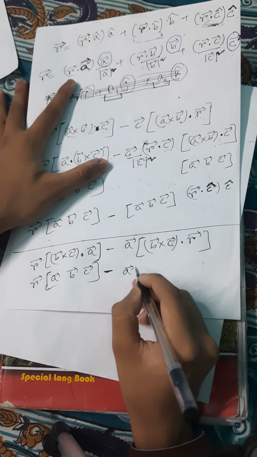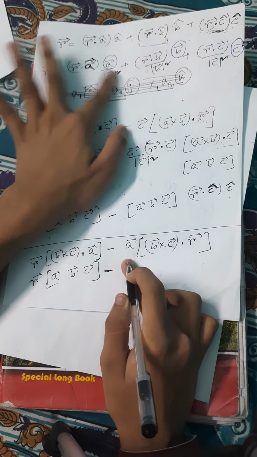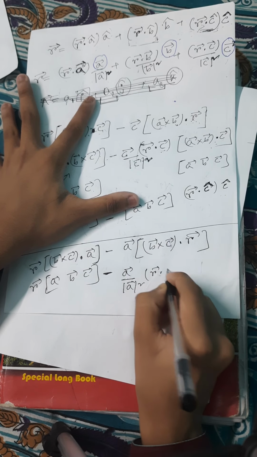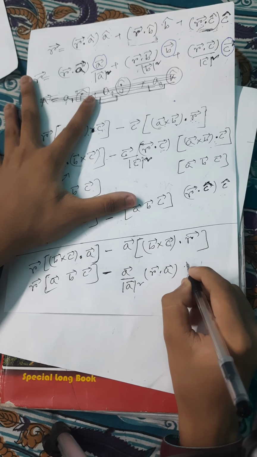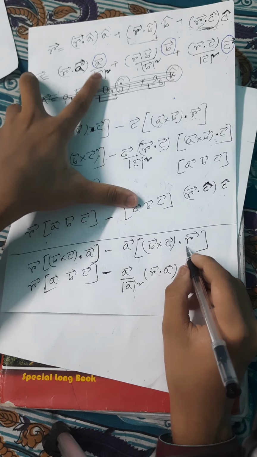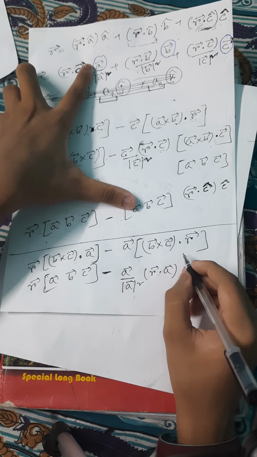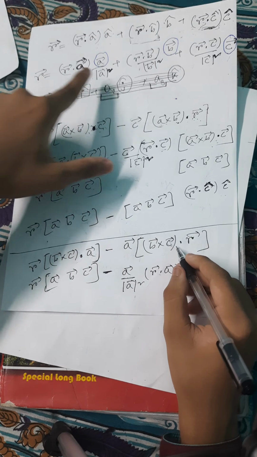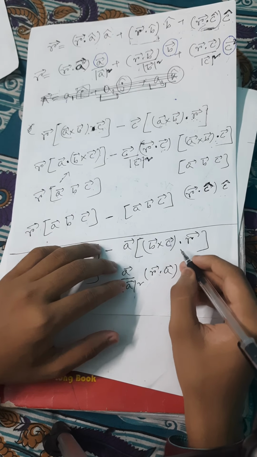Write this a vector as the vector, and common out these constants. A vector r dot a, and just dot product with this b cross c dot this vector, b cross c dot a.